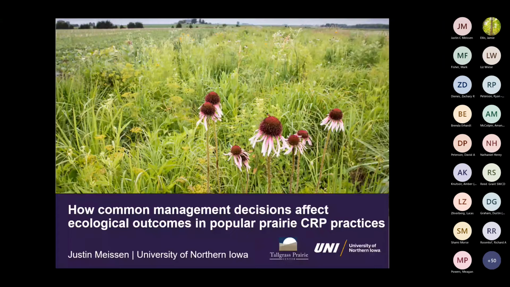I keep talking about this paper that's good, and I'm trying to look it up right now. But they did look at it, and they are not associated with Tallgrass Prairie Center. If you look in Google Scholar for tallgrass prairie seeding density experiments, there are a couple good ones out there.